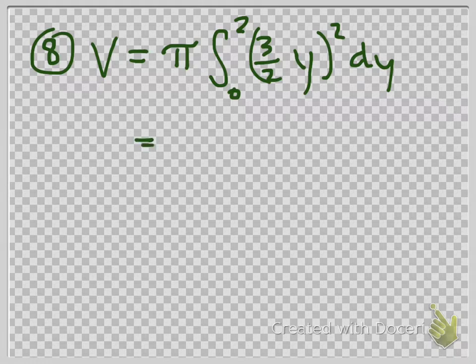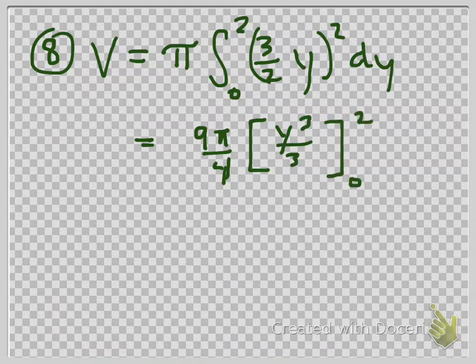So now, what am I going to pull out? I'm going to have 9 pi over 4. And I'm going to jump right to the chase here. We're going to anti-derive by looking at it: y cubed over 3 from 0 to 2. And before I even start integrating, what should I do about that 3? Let's knock it out and turn my 9 into a 3.